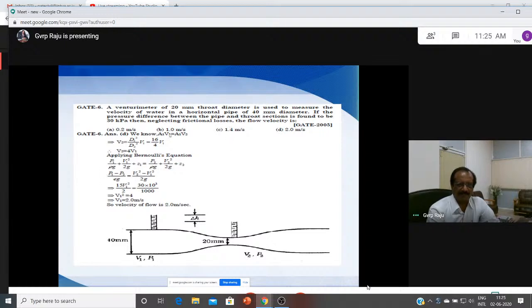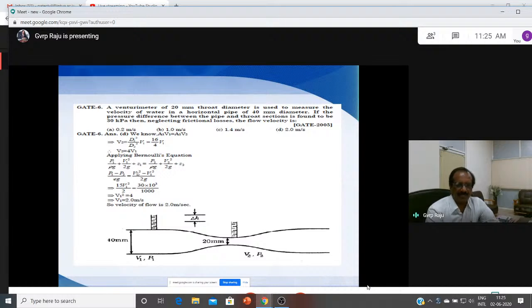He has given the pressure difference between the pipe and throat. This is the pipe, P1 here, then this is the throat here. The pressure difference between P1 and P2, he has given, P1 minus P2, that is 30 kilopascals. So 30 into 10 power 3 pascals, 30 Newton per meter square, divided by specific weight. Based on that, you can find the velocity.